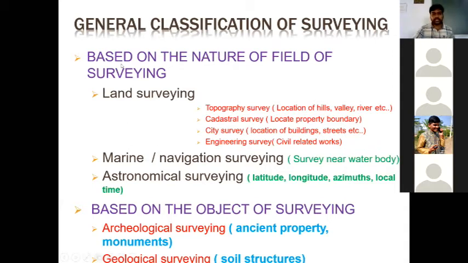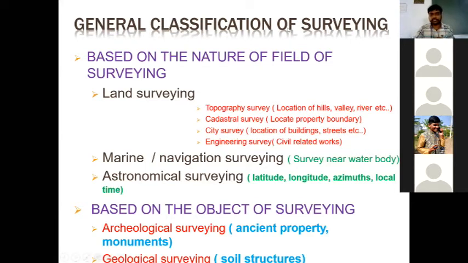In the first case of secondary classification, that is based on the nature of field of survey, whatever the earth surface we are going to survey, the present scenario, comes under this first category.